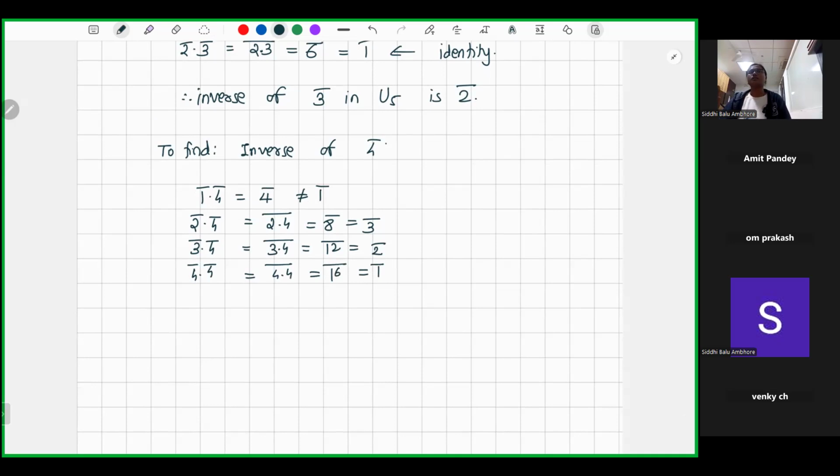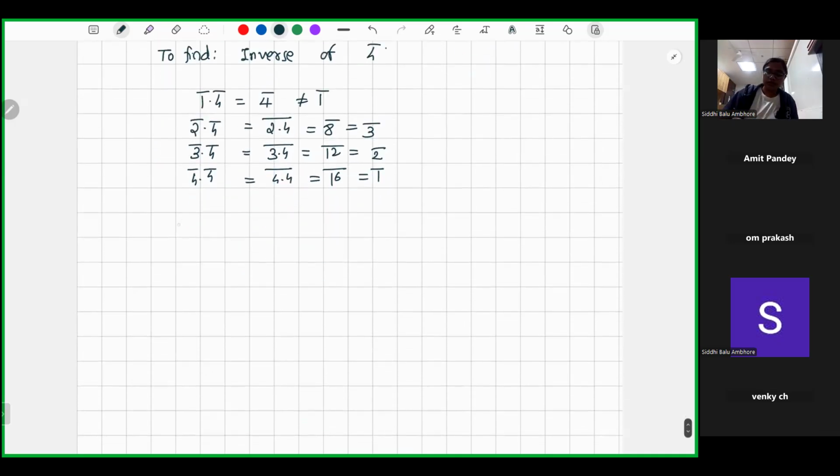It is 1. So we got the multiplicative inverse of each element. 1 bar inverse is 1 bar, 2 bar inverse is 3 bar, 3 bar inverse is 2 bar, and 4 bar inverse is 4 bar itself. Okay, so this U5 is a group and each element has an inverse.